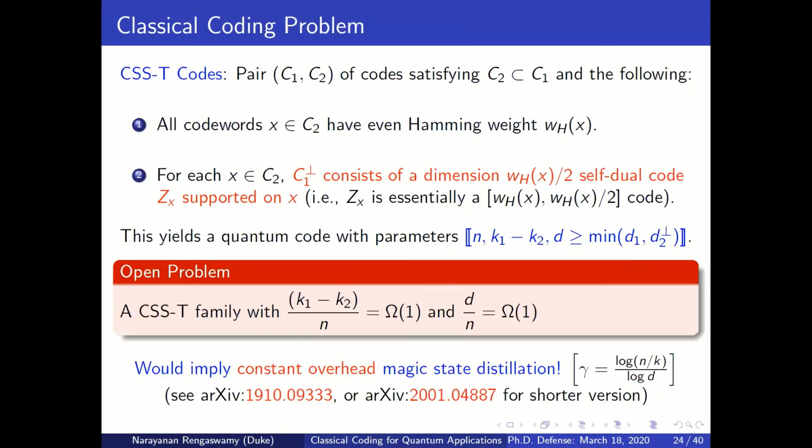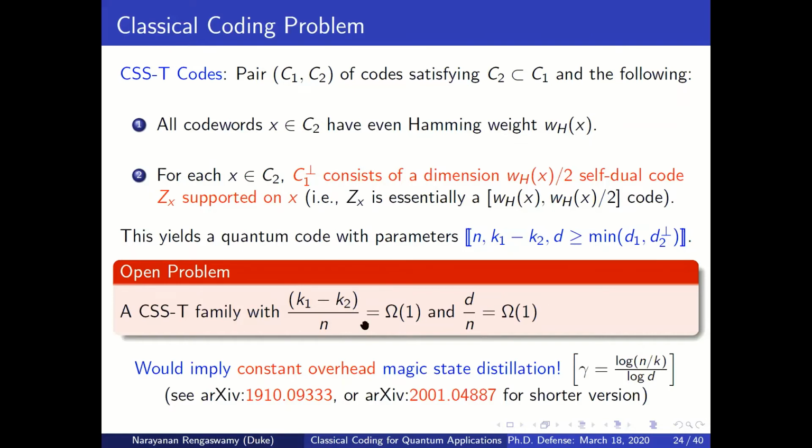So the open problem that I first advertised, the classical coding open problem, is to produce a CSST family, meaning a pair of classical codes satisfying these constraints, such that the rate of the code family is asymptotically linear. So the number of encoded qubits grows linearly with n. And similarly, the code distance should also grow linearly with n. This is a very hard problem, and we even doubt if such a family exists.